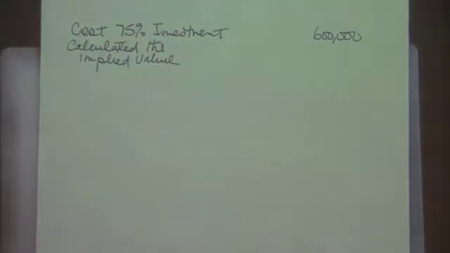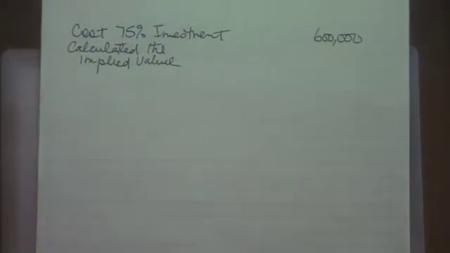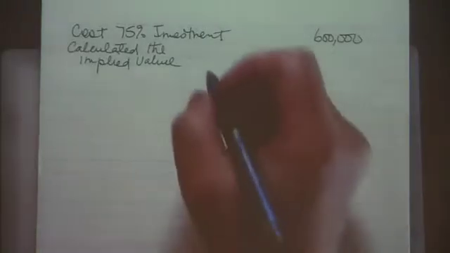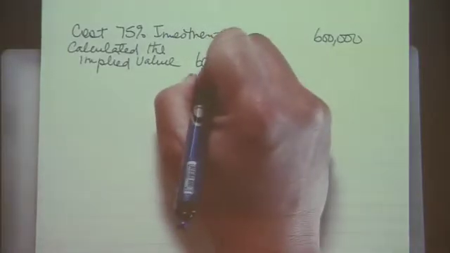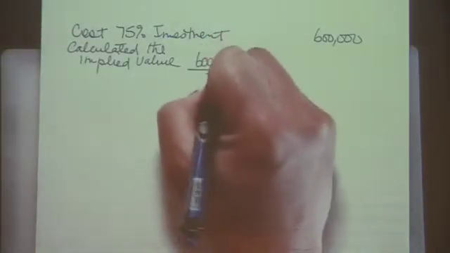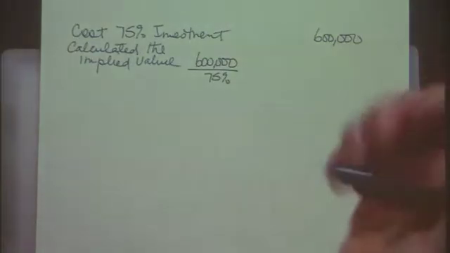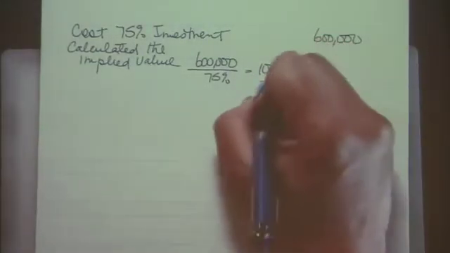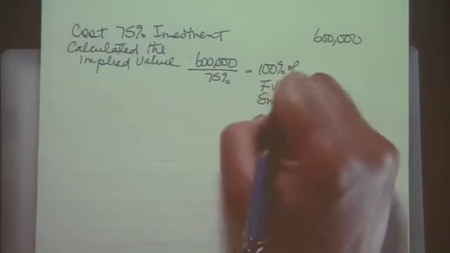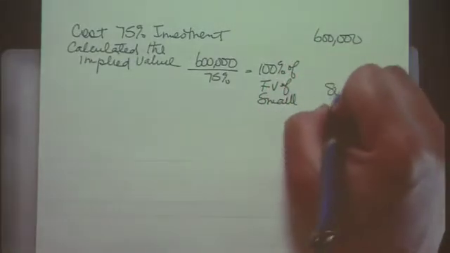The implied value is an extrapolation of what we paid for 100% of the investment. So we take 600,000 divided by 75%, which gives us 100% of the fair value of Small, and that is 800,000.